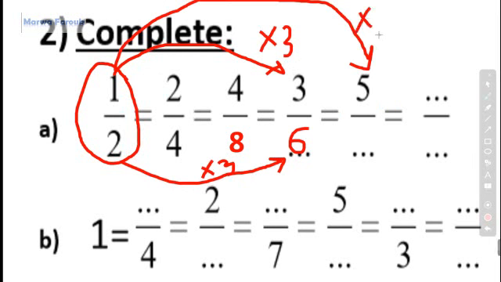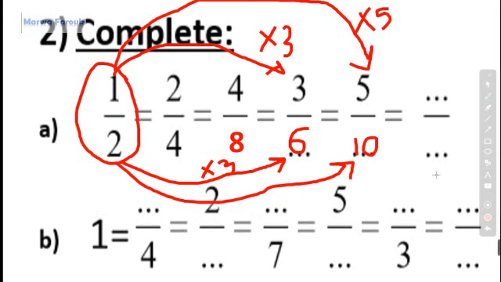Again, I have 5. 1 times what equals 5? Times 5. 1 times 5. We will do the same at the bottom here. So it will be 2 times 5 equals 10. Okay, and we have here no numerator and no denominator. So we can choose any number.